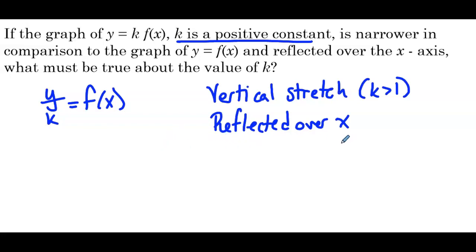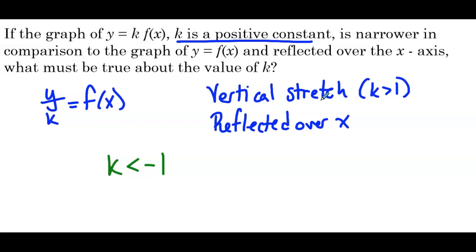And to get that reflection, I want to negate the y values. Okay, so that means then that k needs to be some value that's less than -1. Right? Being less than -1 means -2, -3, -4. So if I take away the negative, 2, 3, 4, that gets me my vertical stretch, and then the negative part gives me that reflection.